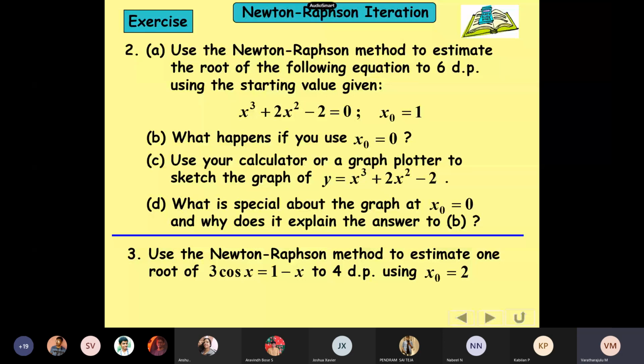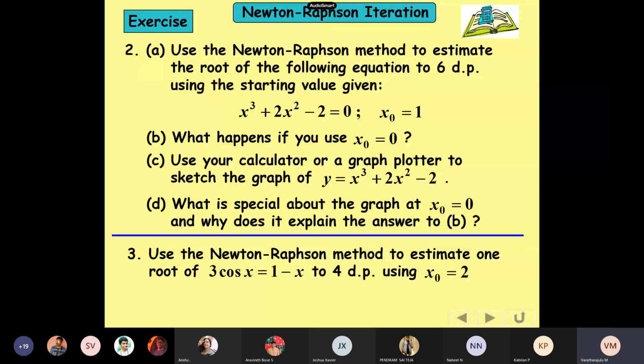What happens if you use x naught equal to 0? First approach with x naught equal to 1. Once your iterations are over, approach with x naught equal to 0 and try to find what happens with this new data, and use your calculator or a graph plotter to sketch the graph.